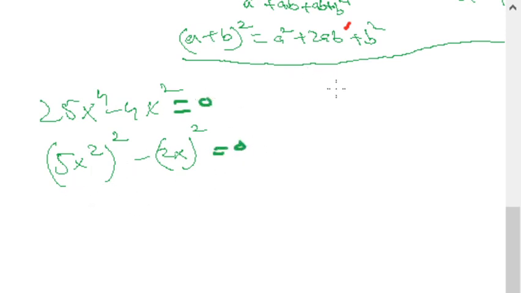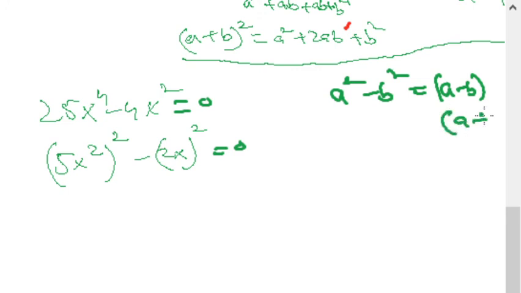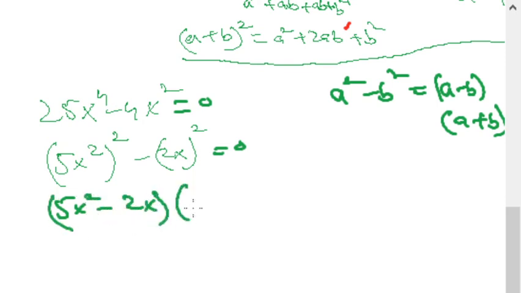And see, when a square minus b square is a minus b and a plus b, similarly I can write here 5x^2 minus 2x and then 5x^2 plus 2x, because that's the formula. The formula is saying that thing to us.